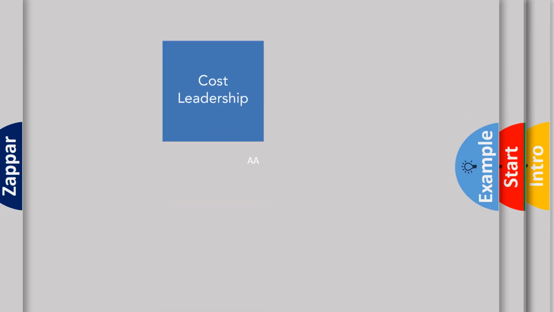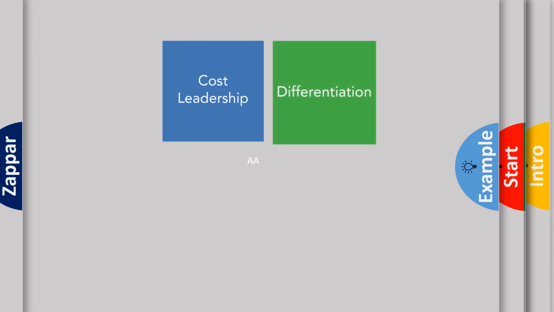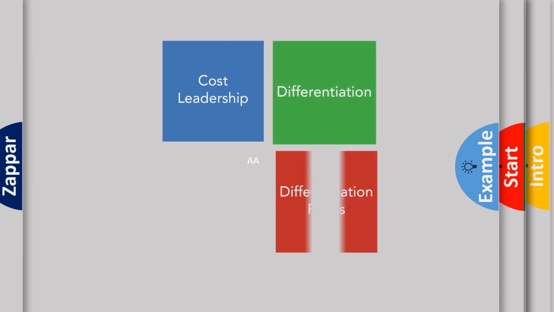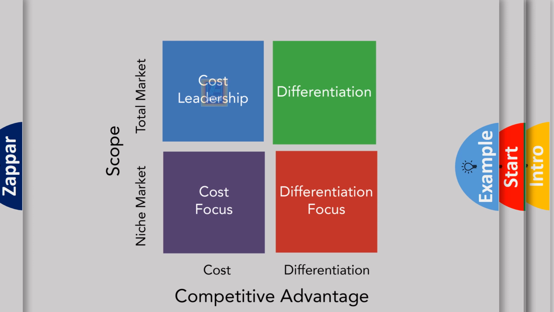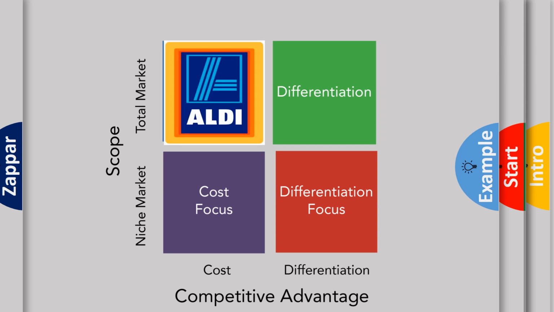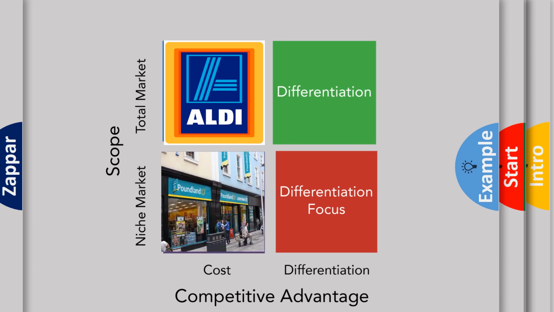So if we look at an example with Porter's generic strategies with cost leadership and differentiation, focus and cost focus. Well, if we take Aldi as being a low cost producer in the food retail market, then in terms of cost focus, low cost focus, we could see this with Poundland, focusing on a limited range of retail products.